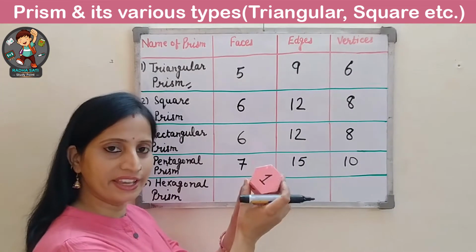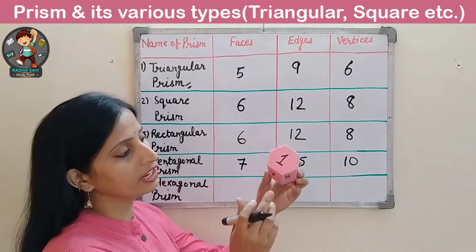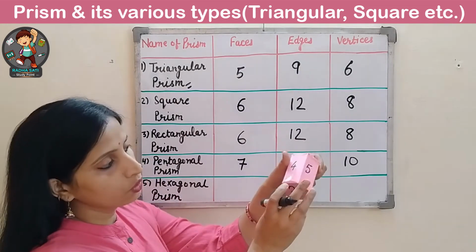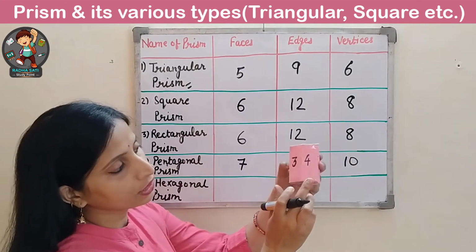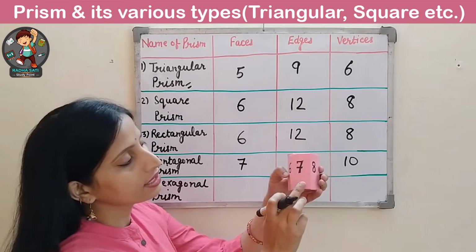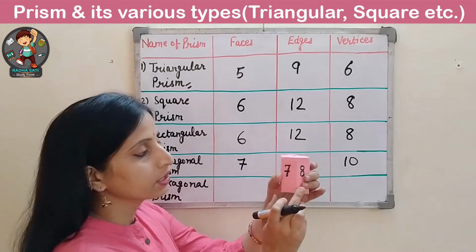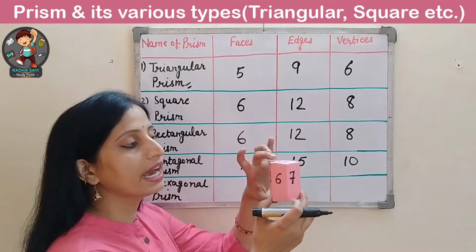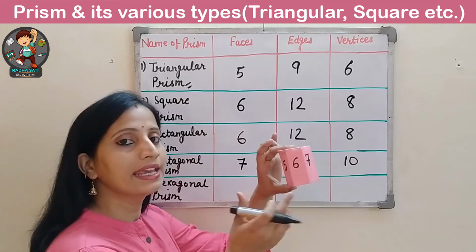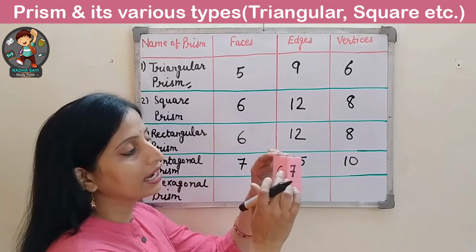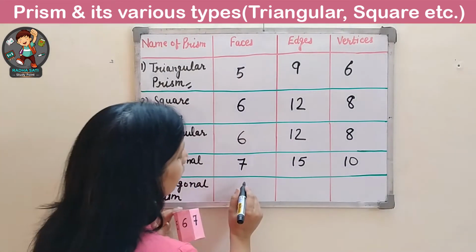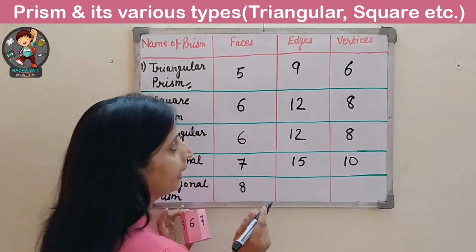Now the number of faces in a hexagonal prism will be 1, 2, 3, 4, 5, 6, 7, 8. This means that in a hexagonal prism, the top and bottom faces will be hexagons in shape and the other side faces will be rectangular in shape. So the total number of faces is 8.